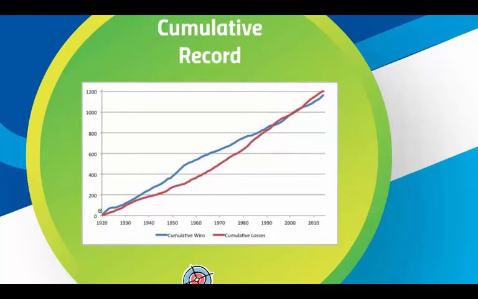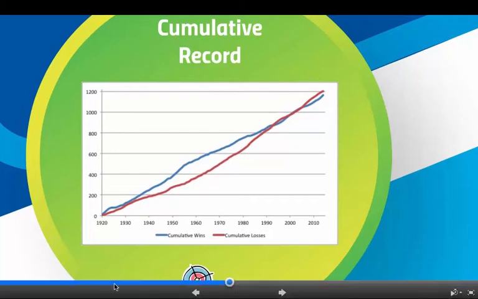A great example of a cumulative record is when you're driving by the local school, for example, and they're doing a fundraiser, and they have that thermometer out in front of the school showing that they've accumulated $10,000 so far. Then you drive by a few days later and they've accumulated $20,000 or $30,000, and that red coloring in the thermometer is leveling upward, and it only goes upward.